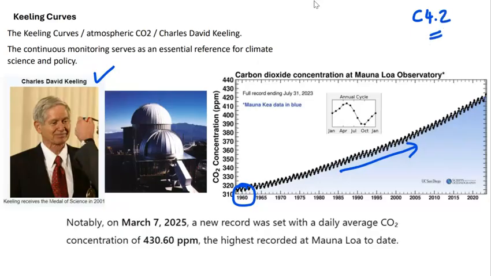Well worth taking a look at those videos and that part of your textbook. And Keeling monitored the atmospheric levels, finding this general upward trend, this data which supports the idea of there being an increase in carbon dioxide levels within the atmosphere.